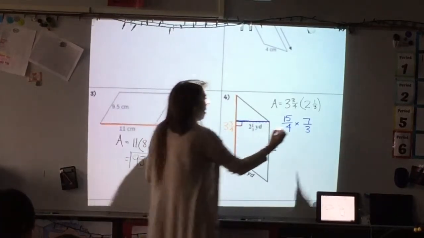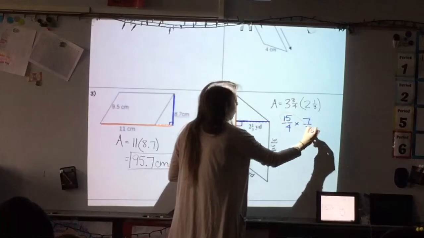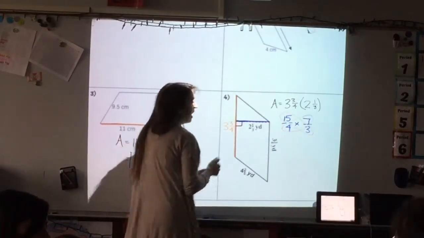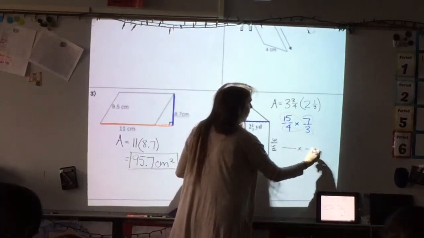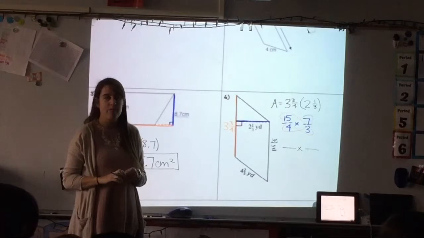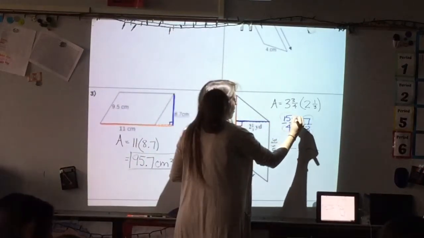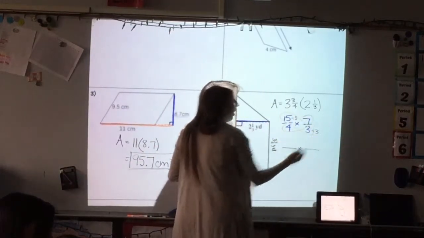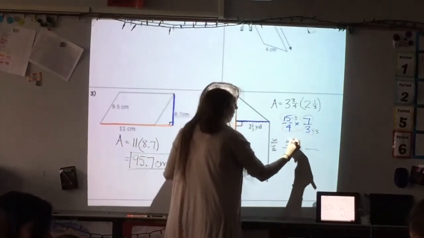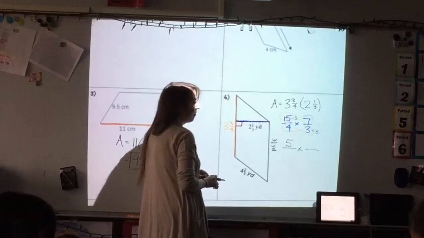We want to look at our diagonals to simplify. Looking at 15 and 3. What do 15 and 3 both divide by? 3. What is 15 divided by 3? 5. What is 3 divided by 3? 1.